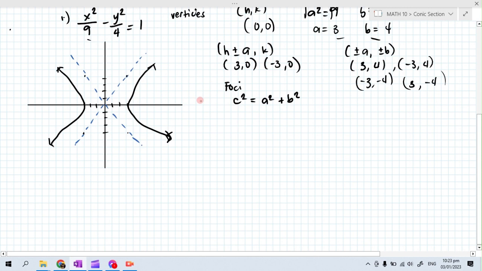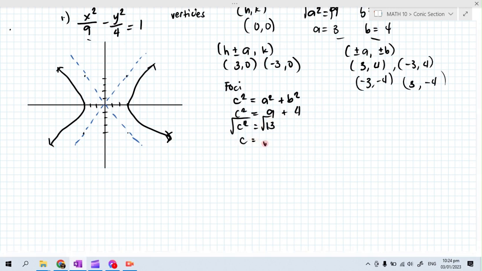So our a squared is 9 plus our b squared is 4, so c squared is 13, and c is the square root of 13.